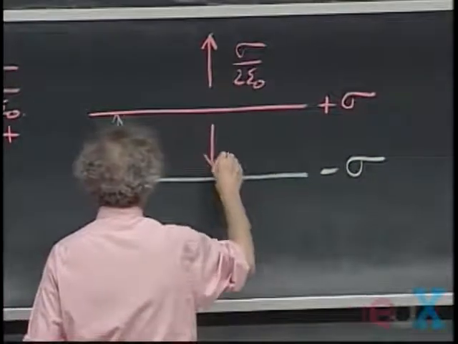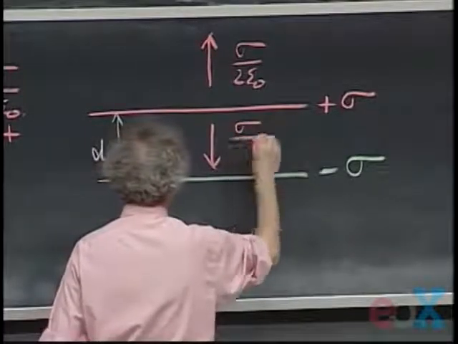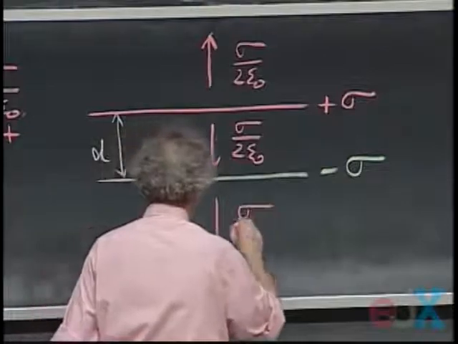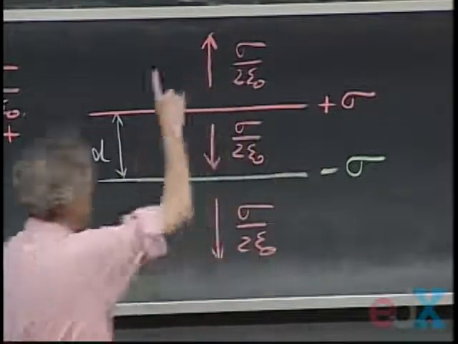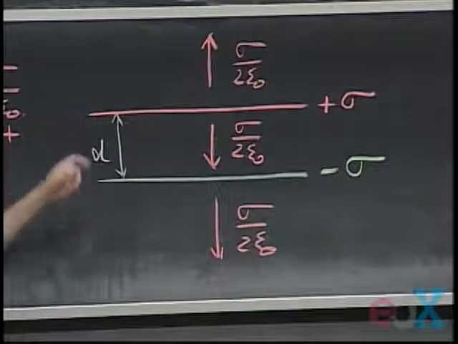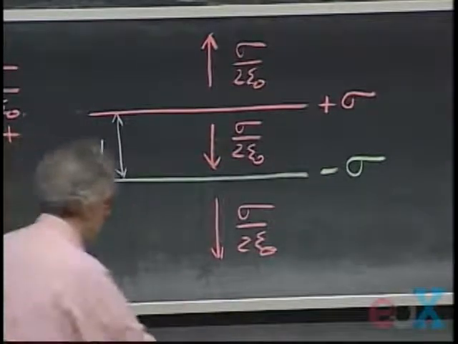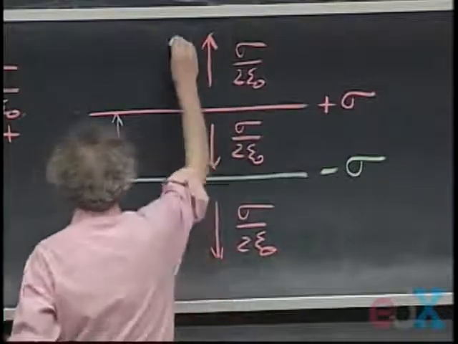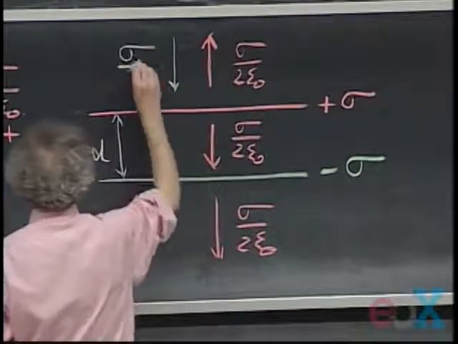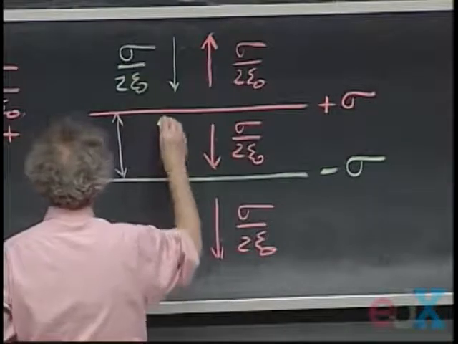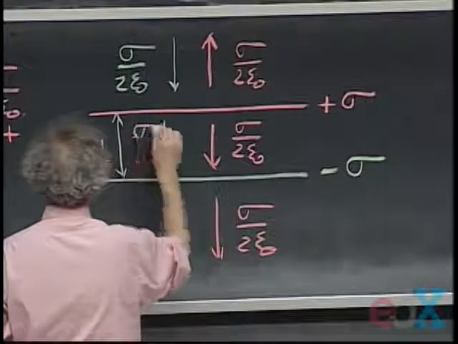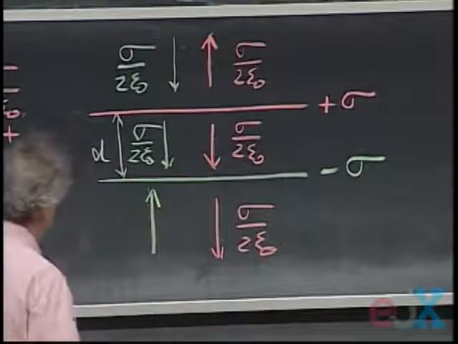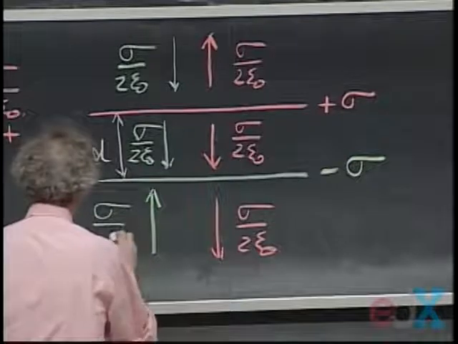This one is also pointing away from it, sigma divided by 2 epsilon 0, and here it's also sigma divided by 2 epsilon 0, because it's independent of the distance to this plate. What is the negative charge doing? Well, the negative charge has E vectors pointing towards it, so here I have an E vector which is sigma divided by 2 epsilon 0. Here I have one that is sigma divided by 2 epsilon 0, and I have one that is pointing towards the plate, which is sigma divided by 2 epsilon 0.